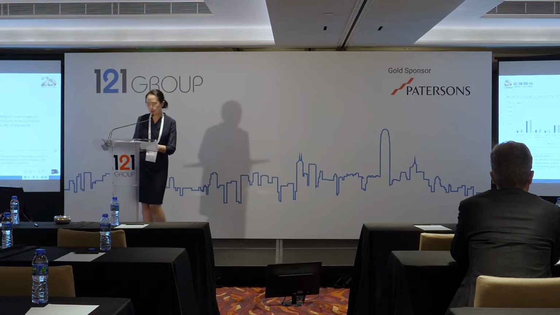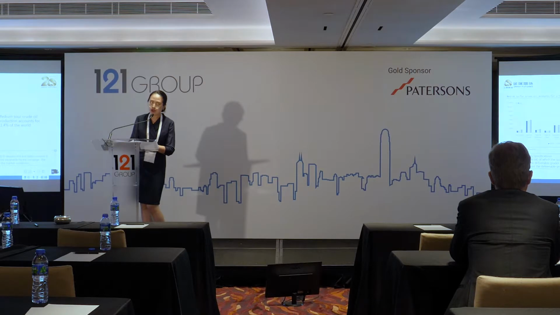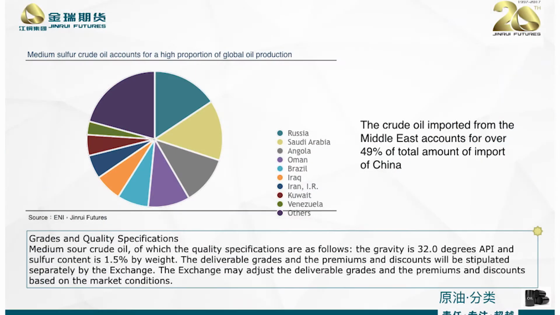And in terms of region, the crude oil imported from the Middle East accounts for over 49% of the total amount of import of China. In terms of oil species, the proportion of medium sulfur crude oil futures reached 16%. And what's more, the quality of Shengli oil is also medium sulfur crude oil.